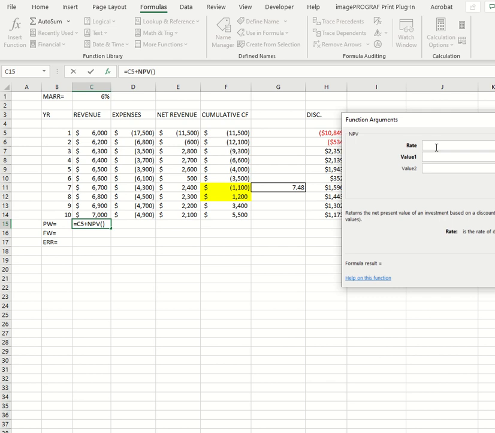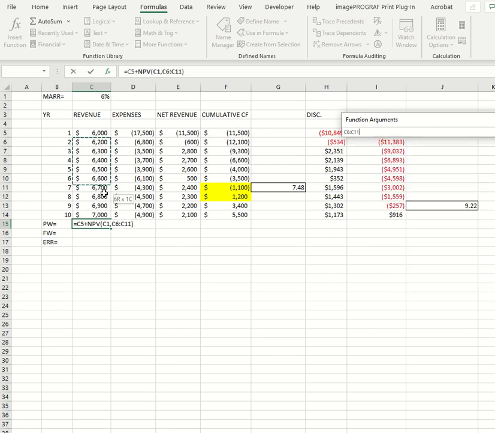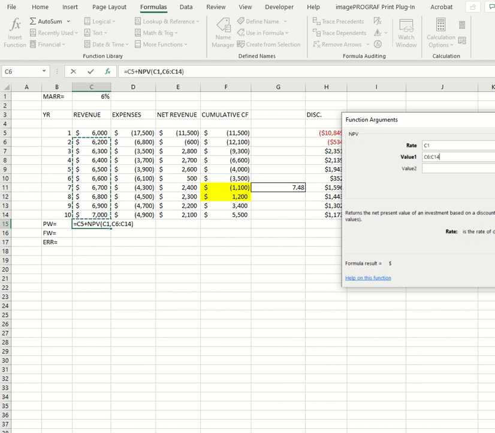This is similar to what we did on the first part in the other video, but it's just broken out separately from revenue and expenses. So we know our rate, and the values are going to be here to here. Okay.